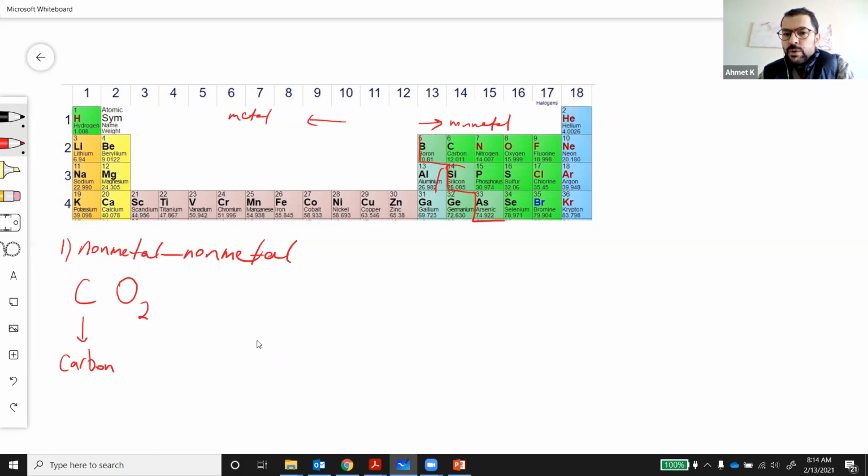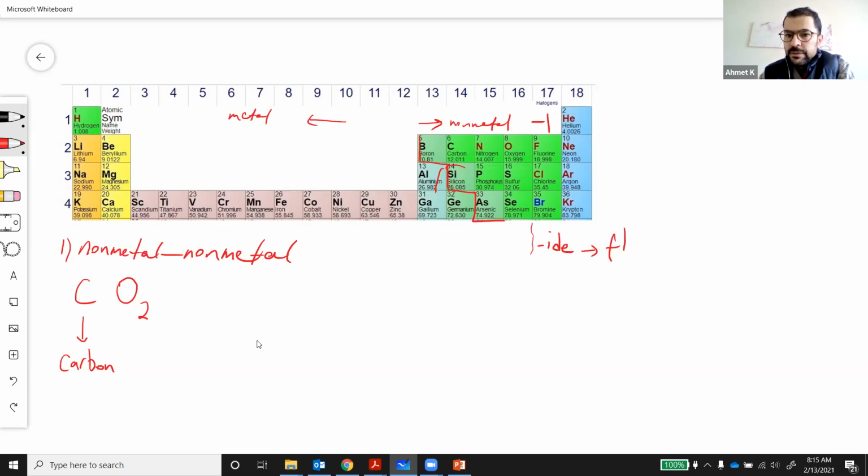If it's just fluorine, it's fluorine. However, whenever it's charged, meaning it has a negative one charge, we are going to add -ide. Let me give you the example of fluorine.